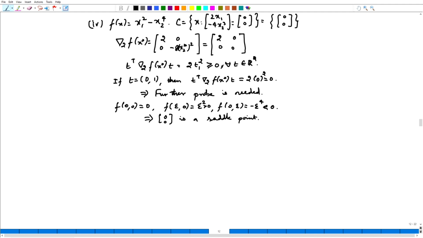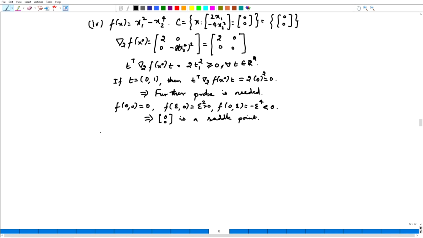This is just to indicate that if you have one particular t for which t transpose del f of x star t is 0, then we have still not solved the problem. I will give you similar examples where further probe will be needed, but the critical point will actually turn out to be a local min or a local max. I will take a few more minutes working that out.